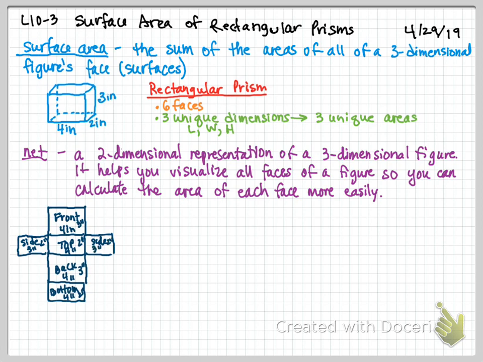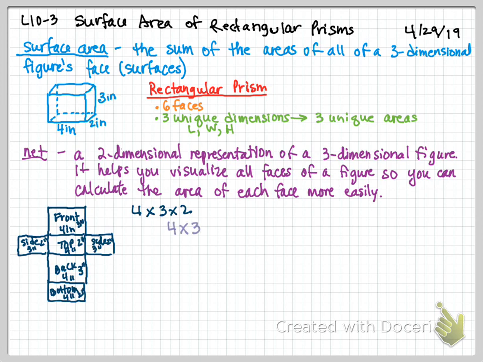Okay, so our 3 unique dimensions were 4 by 3 by 2. And what I need to do is come up with the 3 unique ways to multiply those numbers. And unique means switching the order is not going to be something new. So for example, we do have a 4 by 3.